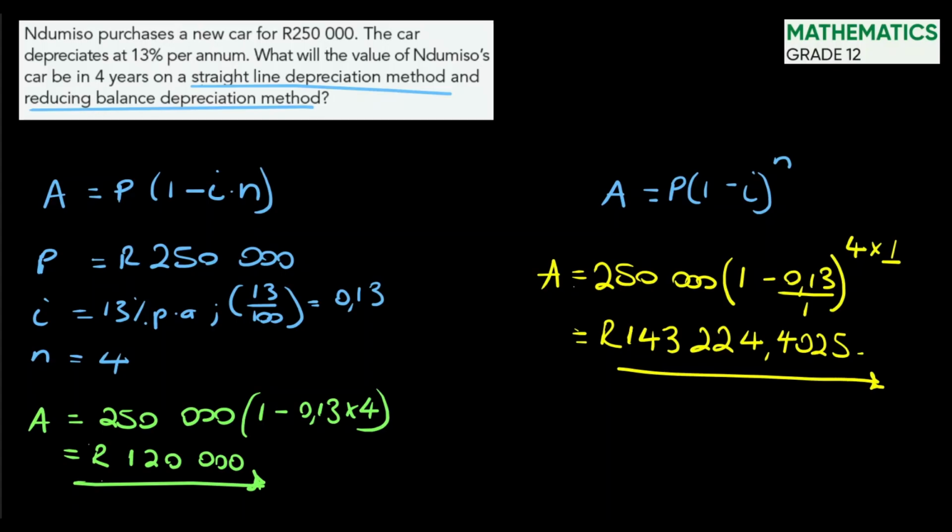So you can see the case is not as drastic as straight line depreciation. The reducing balance method is much more lenient as a depreciation method. So this is how the value of Dumiso's car will fare using straight line depreciation and using reducing balance depreciation.